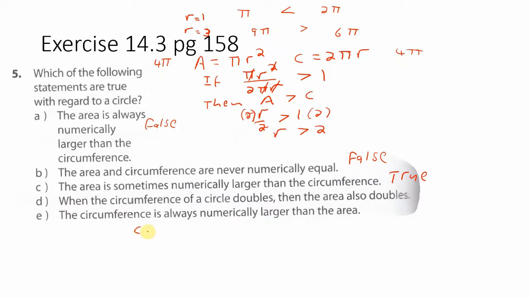We have the circumference of the old, which is 2 pi radius. Let's test it against the circumference of the new, which is now 2 times the circumference of the old. So it is 2 times 2 pi radius. So the new circumference, if we double, is 4 pi radius.